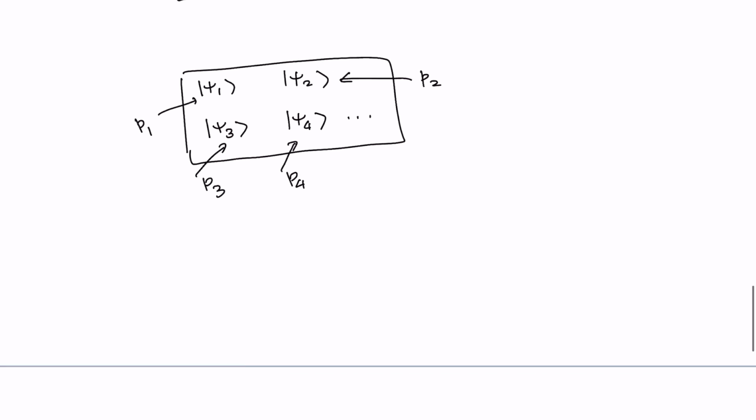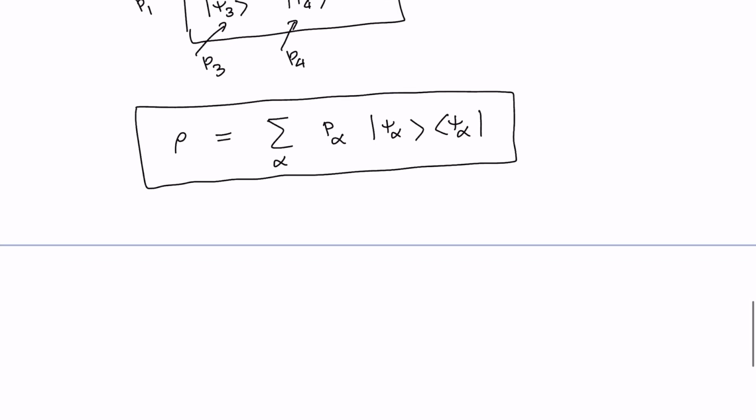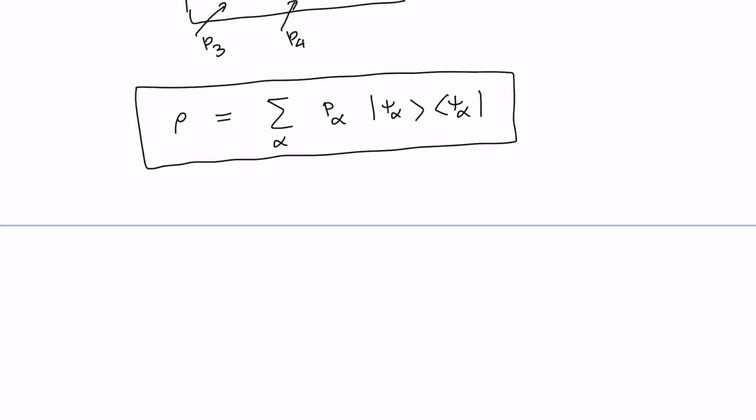In that case we can represent the state of the system by the density operator defined as ρ = Σ p_α |ψ_α⟩⟨ψ_α|, where p_α is the classical probability associated with the state vector |ψ_α⟩, with the condition that the total classical probability has to be equal to 1.